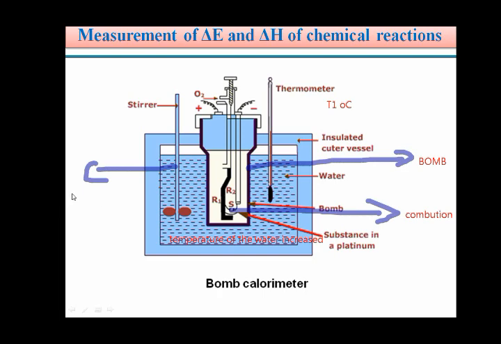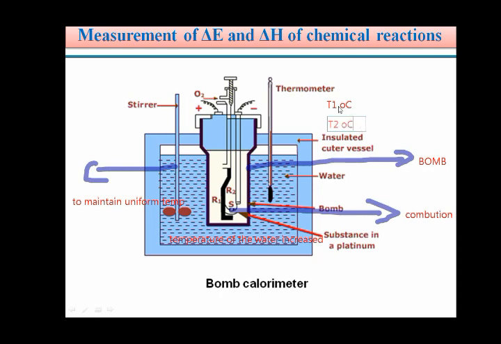With the help of the stirrer we maintain uniform temperature, and we record the temperature with a thermometer. That recorded temperature after the experiment is noted as T2 degree centigrade.